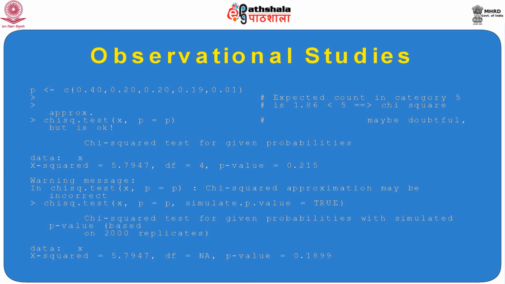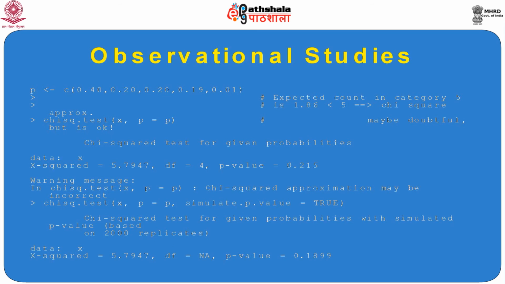So now we altered this chi-square.test as x comma p equals p for the approximation test, and we have considered simulate.p.value equals TRUE. Here we are not mentioning the number of simulations, only that simulation should be done.